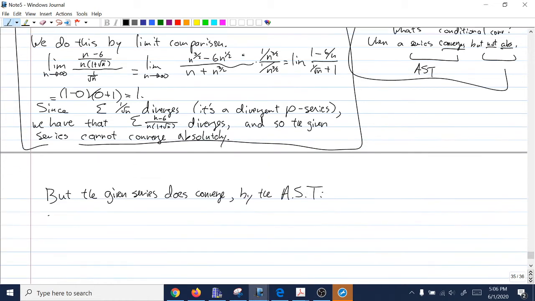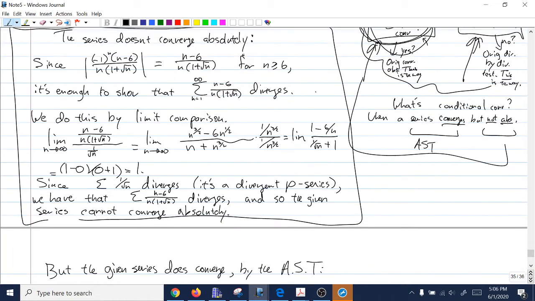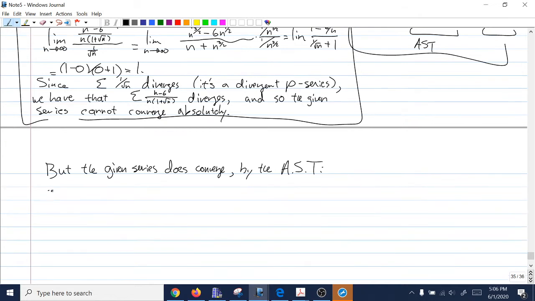What do I need to show for the alternating series test? I need to show that n minus 6 over n 1 plus root n is eventually positive. When is it positive? Once n is greater than 6. Has a limit of 0.